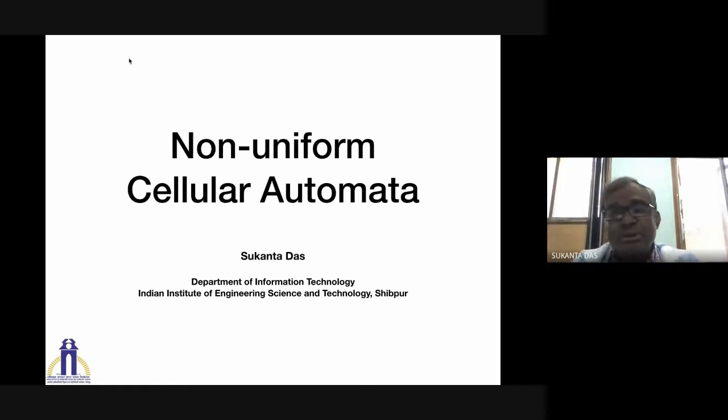rules. So today we are continuing with that third part, non-uniform cellular automata or hybrid cellular automata. Okay, so by non-uniform cellular automata, we generally mean hybrid cellular automata, right?